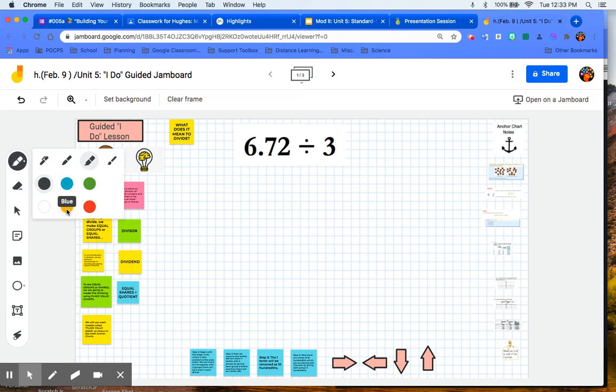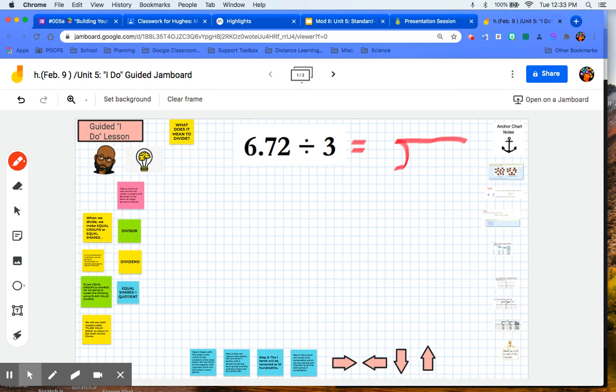Now, let me rewrite this model in multiple ways. The number expression can also be shown, like I said, with a division bar. So let me make my model appear so you understand that it can be written in many ways.